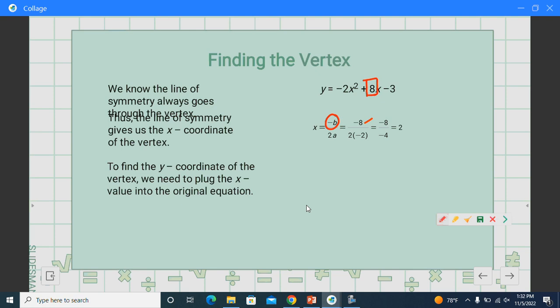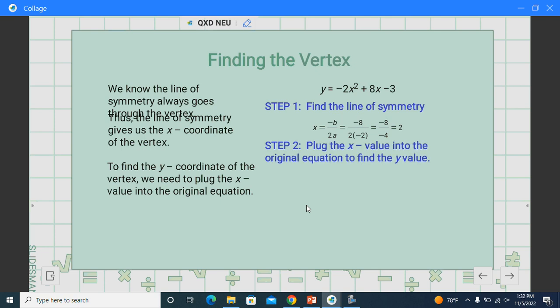Now, what is our a? It's negative 2. Therefore, 2a is negative 4. Negative 8 divided by negative 4 is equal to positive 2. So there you go.